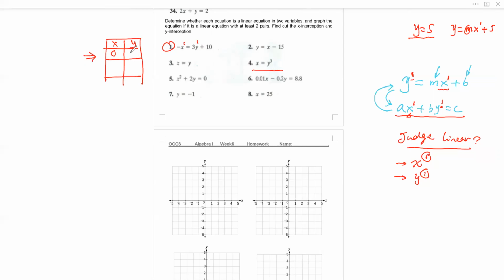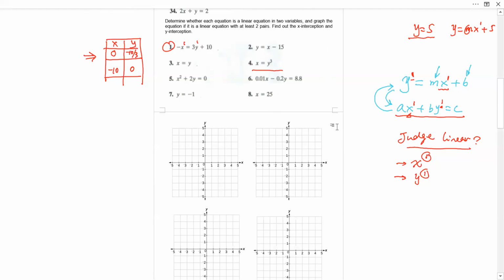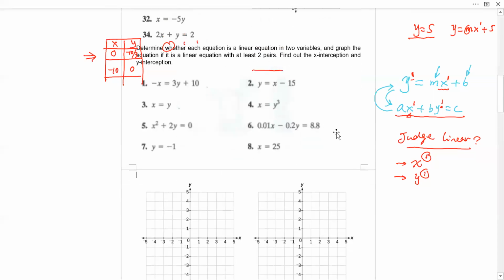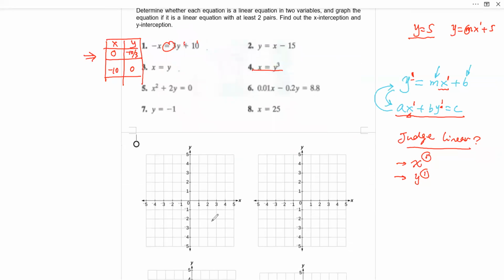So when x equals 0, y equals negative 10 over 3, right? When y equals 0, x equals negative 10. So you can quickly get a list out here. Let's graph it. Let me do some transform. The first point is 0, negative 3, actually close here.